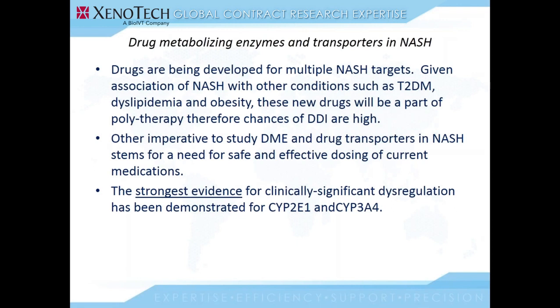The strongest evidence for clinically significant dysregulation has been demonstrated so far for CYP2E1 and CYP3A4. There is a large number of animal models based on diet and genetics, and there is also a fair number of studies characterizing mRNA, protein, or enzymatic activities obtained from frozen human tissues of different stages of fatty liver disease and different quality of tissues.